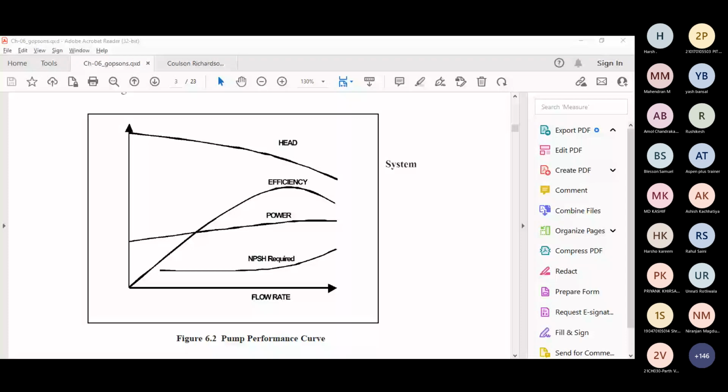You are basically increasing or reducing the stroke, right? आप क्या कर सकते हो? Suppose someone will tell we are able to increase or decrease the flow rate in the PD pump. No, that is not the case. We are increasing or decreasing by changing the stroke length or number of strokes, basically number of strokes per unit time.